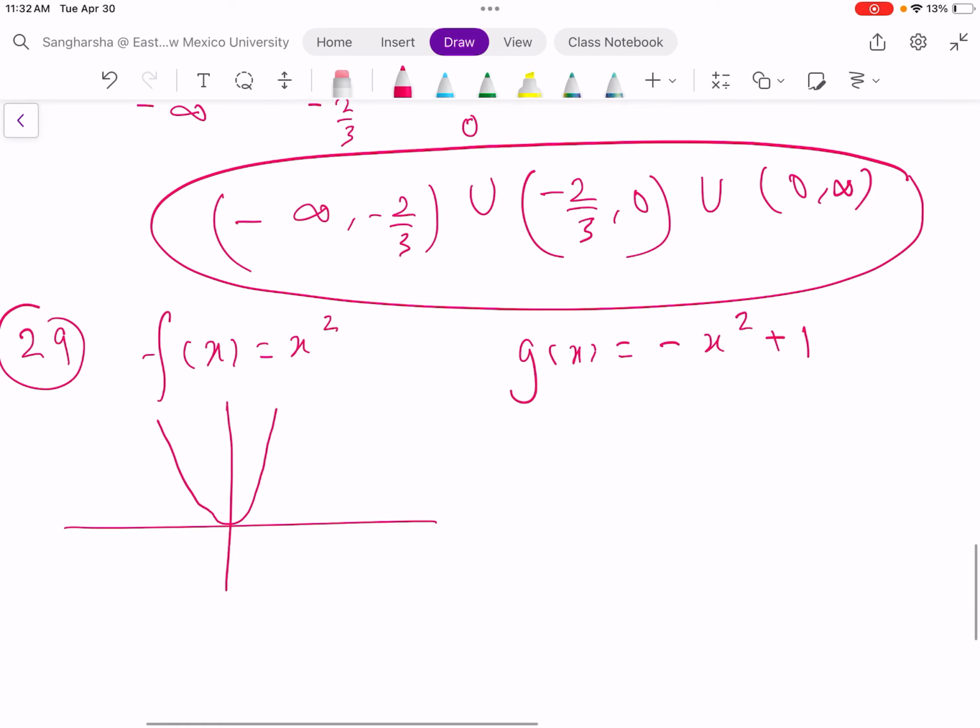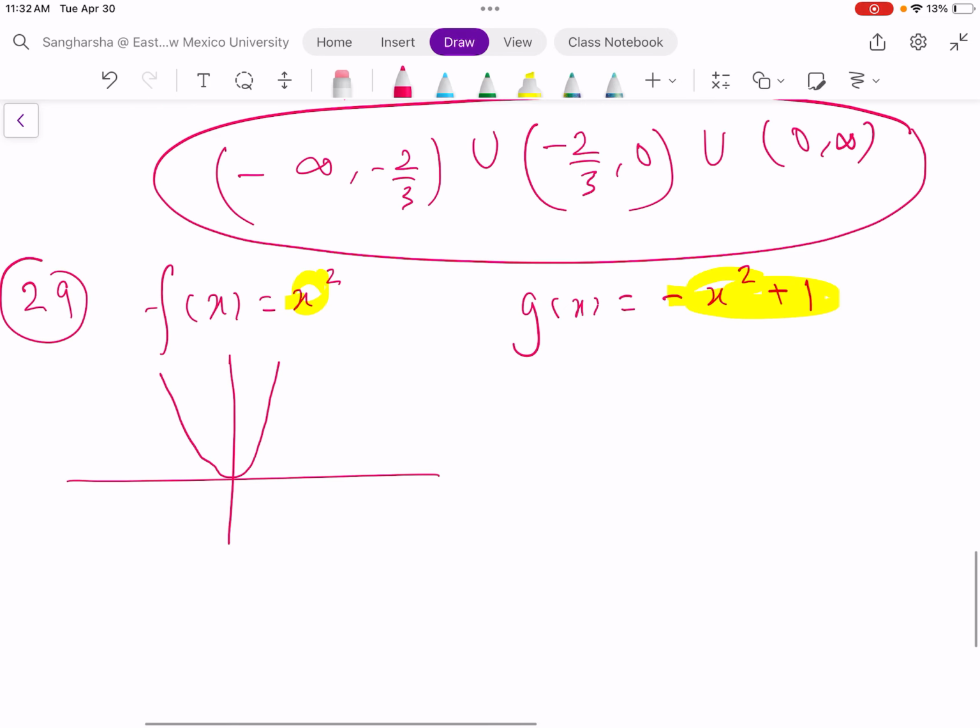Now we are starting from the basic function, and our target is getting -x squared plus 1 from x squared. Let's see what is missing in the basic function. We need a negative in front of x squared, and we need to get positive 1. How do we get a negative in front of x squared?